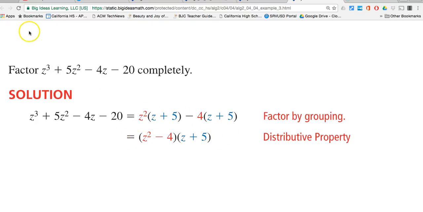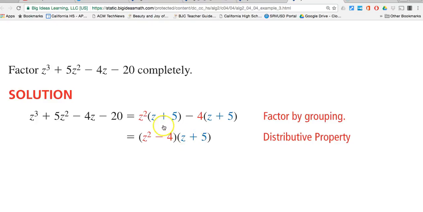Now another thing that this example is showing you is that even after you follow through all the steps in factoring your original problem, you may not always be done. Once you have your factored expression, you may run into a case where there's another polynomial in one of your subsets that can also be factored down.